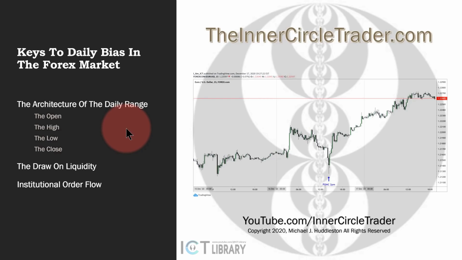Get yourself a journal. You can do it electronically or by hand, but you want to start capturing an everyday study of bias. You want to have a record of what you think the bias is going to be for the coming week.